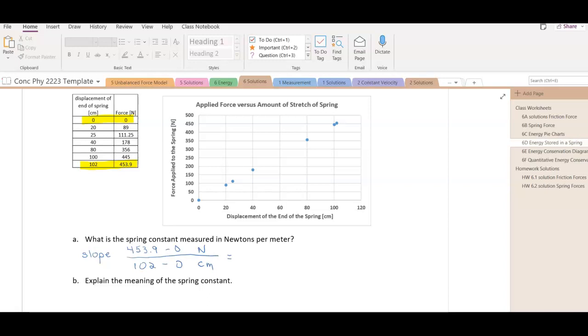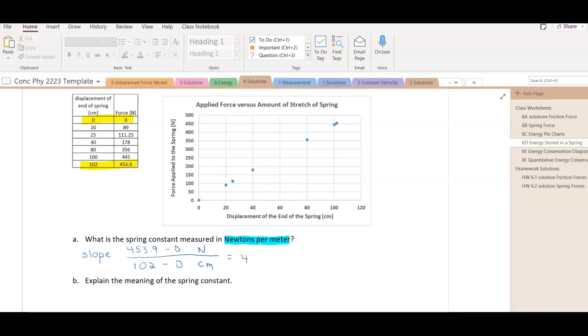Pay attention, that's centimeters, but it's asking me to give the spring constant in newtons per meter. So after I calculate this, I'll convert centimeters to meters. So I have 453.9 divided by 102.